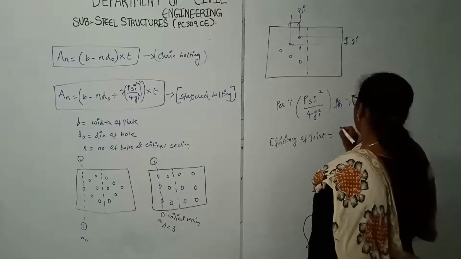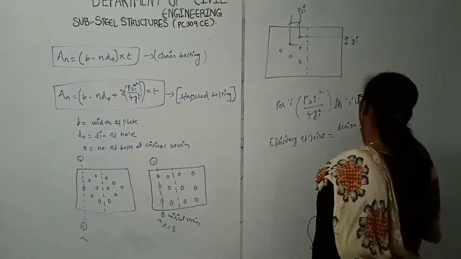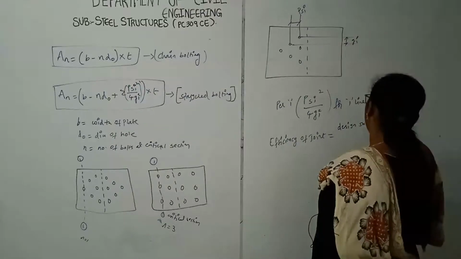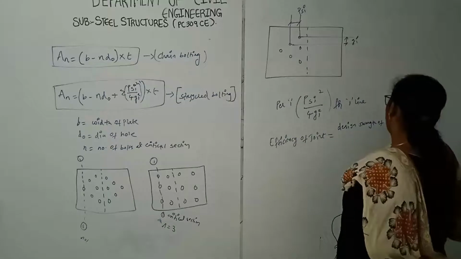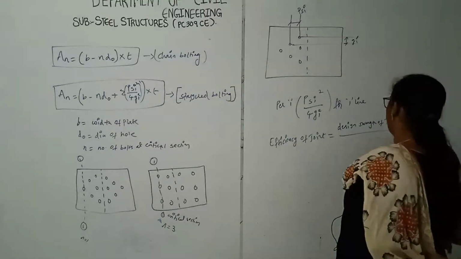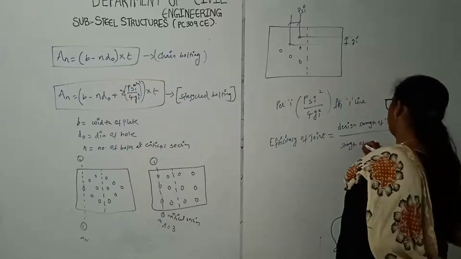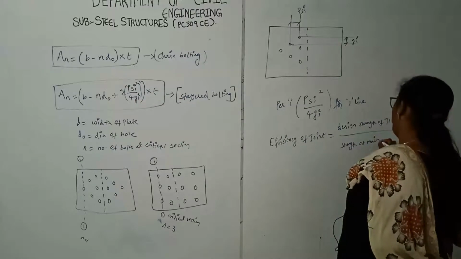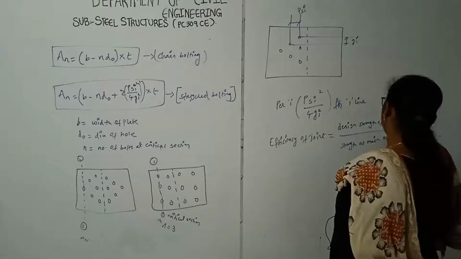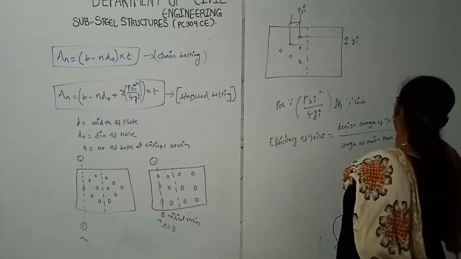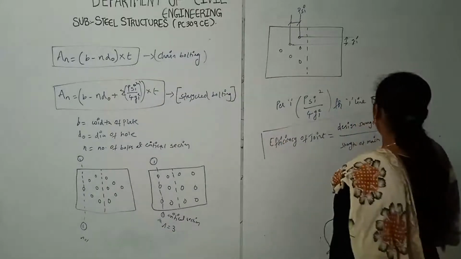Efficiency of joint is nothing but the design strength of joint by strength of main plate into 100.